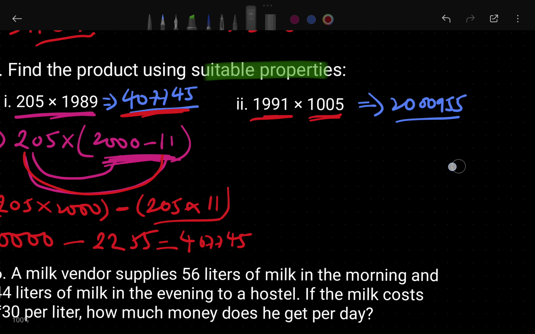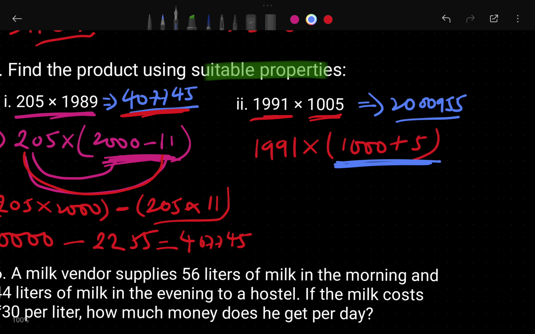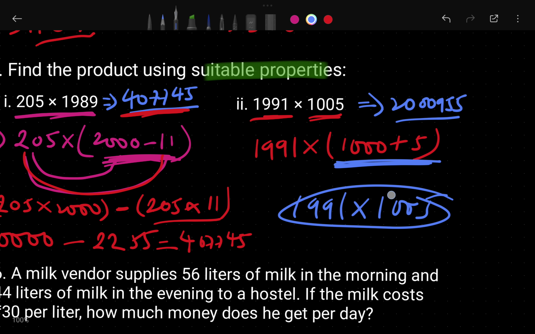Right, so let's see this one again. Here I'm taking 991 multiplied by 1000 plus 5. I'm not going to add this one, because if I add it, it is going to be 1500, the same as the question.